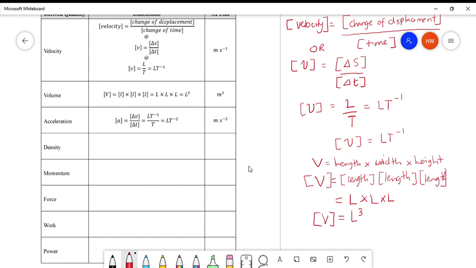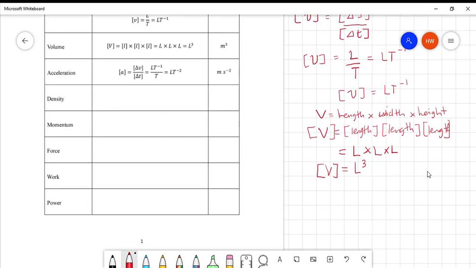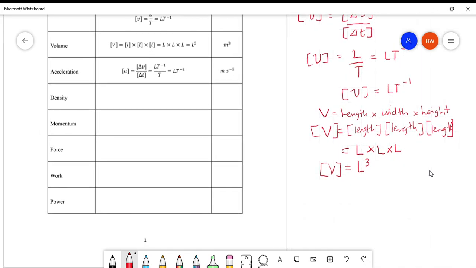Okay, moving on to acceleration. The equation to find acceleration is the change of velocity over the change of time. In order to find the dimension, we have to put the square bracket around the symbol, which is delta v over delta t. We already solved the dimension for velocity just now, which is LT minus 1.